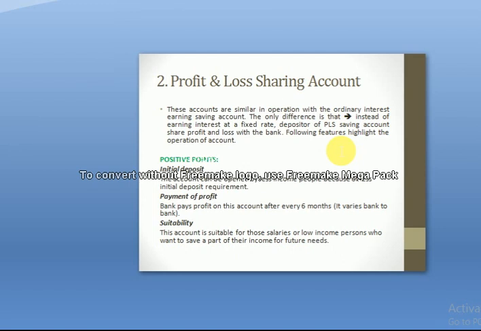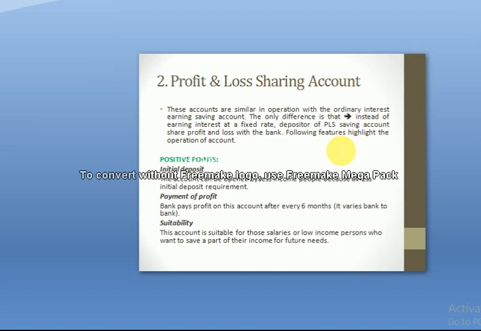What does the bank demand? That this account should be opened with an initial amount, let's suppose 5,000 or 1,000 or 2,000, whatever the bank prescribes. So the account holder will give that initial amount and open this account. This account may be opened in the name of an individual, a business, or jointly in the name of two or more persons.